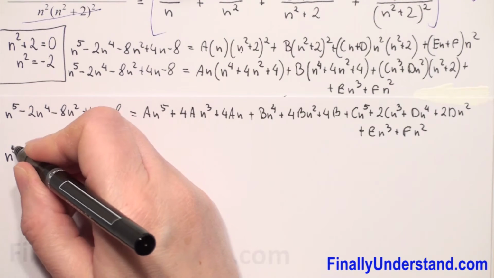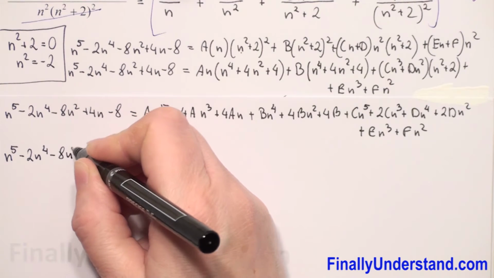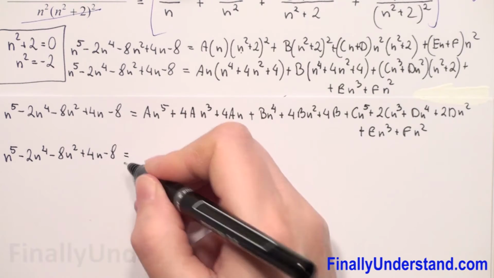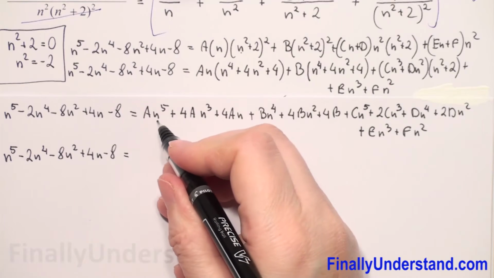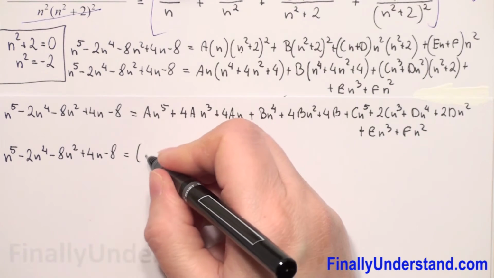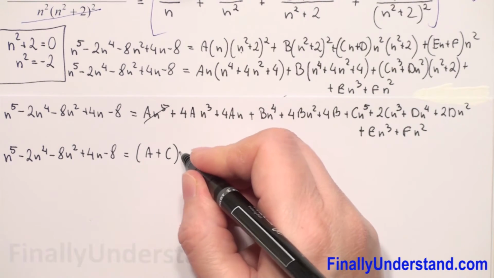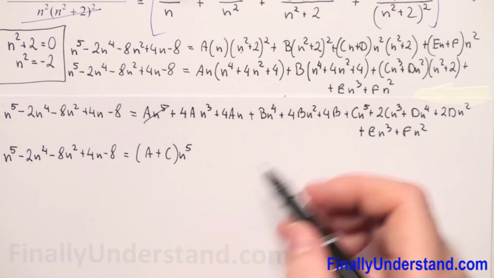We have n to fifth power minus 2n to fourth minus 8n squared plus 4n minus 8. So this is equal, and we have with n to fifth power two expressions, so we have a plus c times n to fifth power. I just factored out n to fifth power.